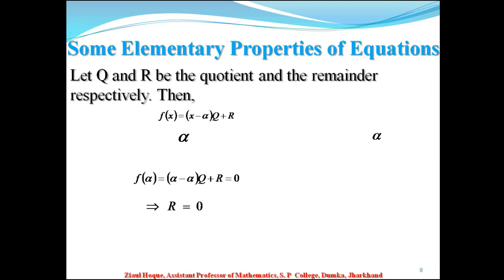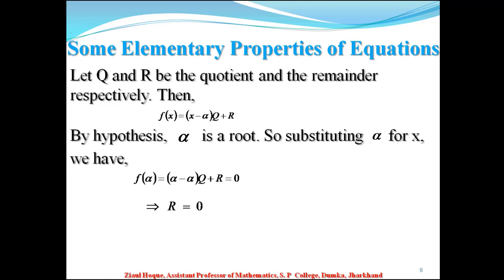Let Q and R be the quotient and the remainder respectively. Then f(x) is equal to (x minus alpha) into Q plus R.